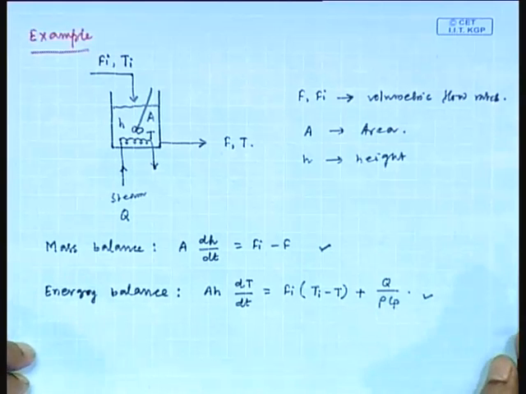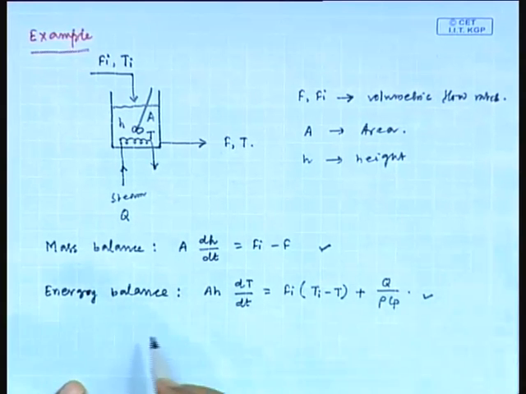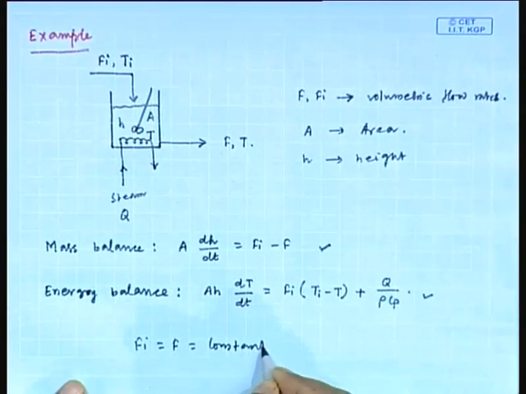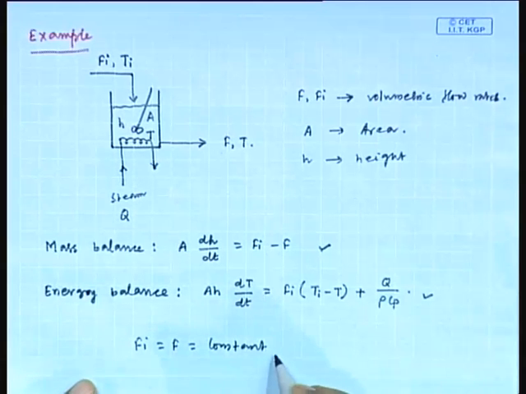To discuss the feed forward control scheme, we assume that Fi and F both are equal and they are constants. Here we are assuming that Fi equal to F and that is a constant quantity.